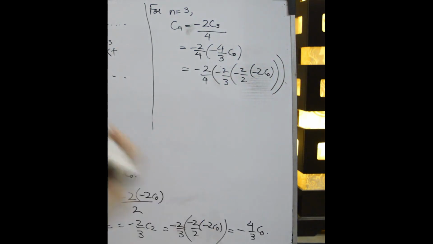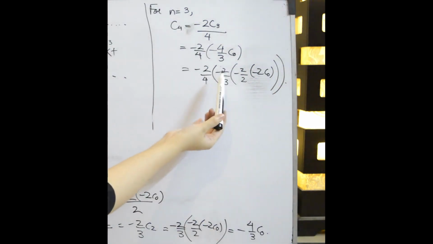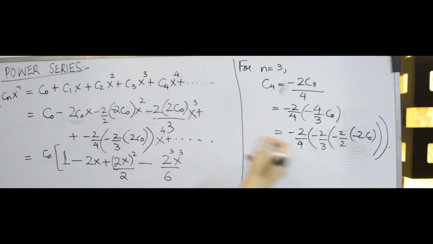Then you can see that 1 2 3 4, so there are 4 twos and a positive sign. So 2 to the power 4 x to the power 4 divided by 4 into 3 is 12, 12 into 2 is 24.